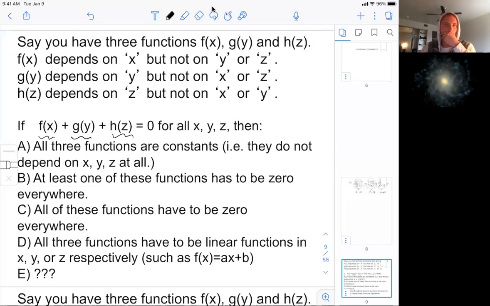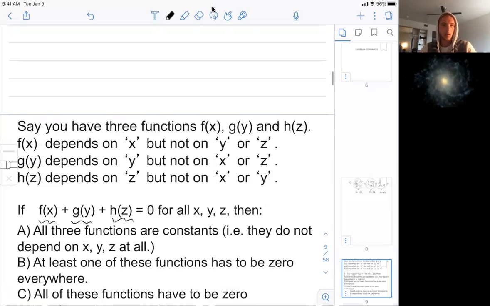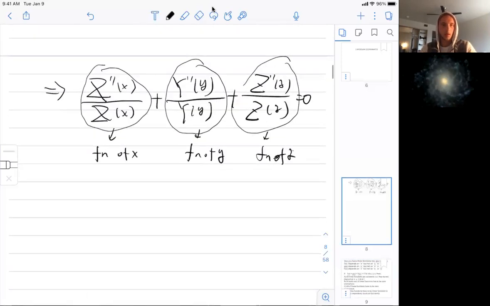I thought it was A because they could all be constants that happen to add up to 0, or they could be 0. Either way, they would be constants. Okay. So mimicking what happened earlier, we're not saying this becomes f of x.